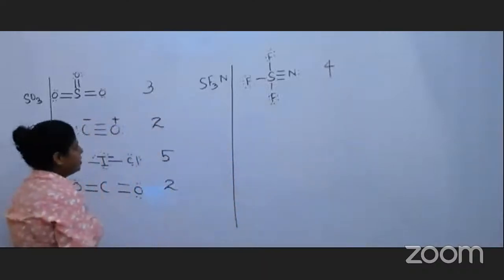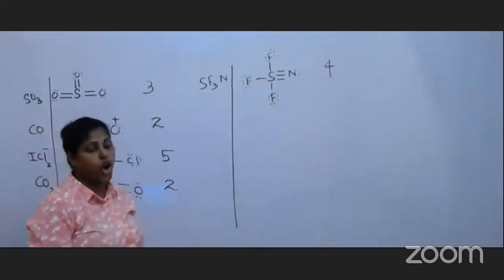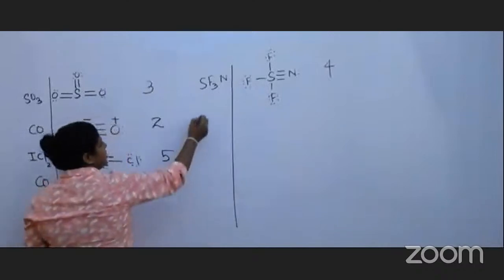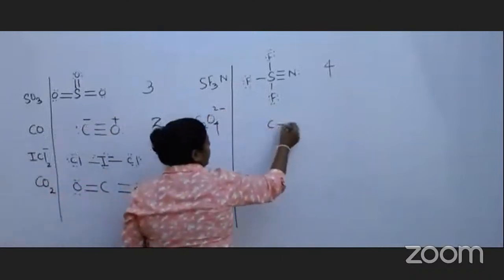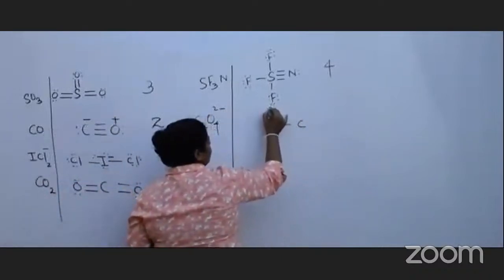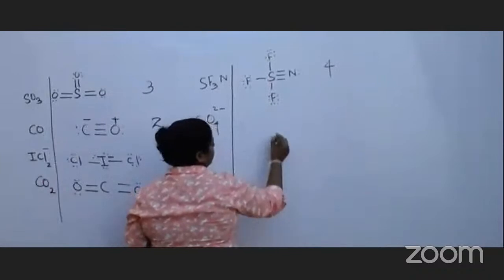When I take another one, like the oxalate ion, C2O4 2 minus, here is the Lewis structure for the oxalate ion.